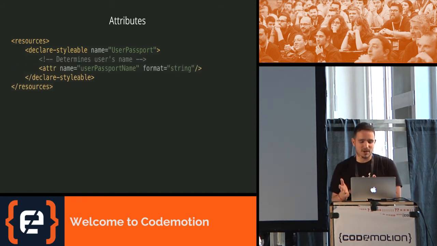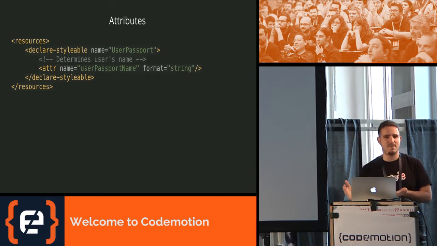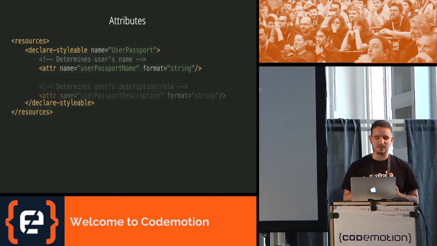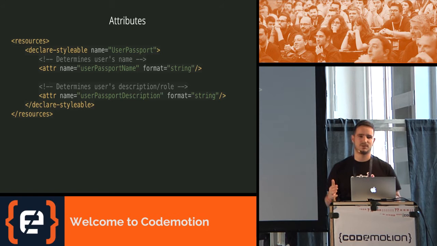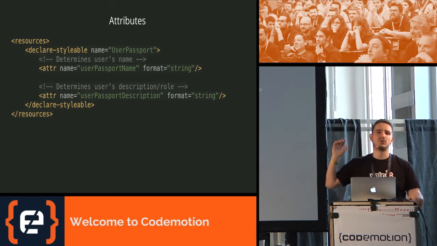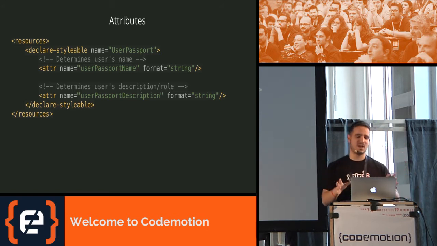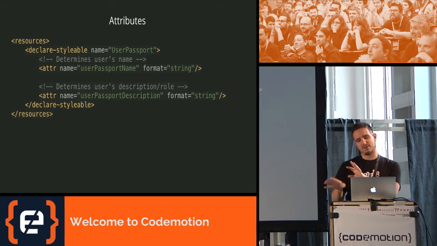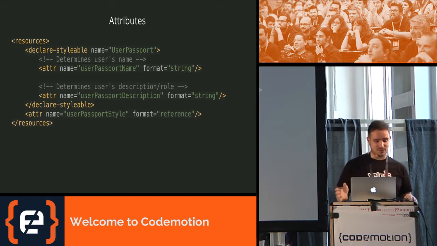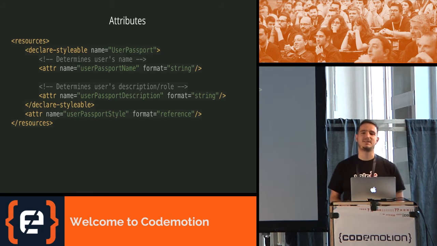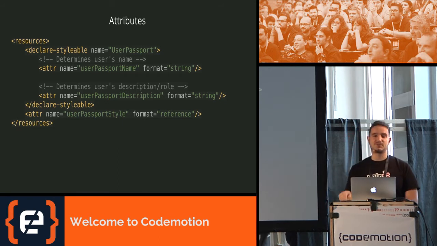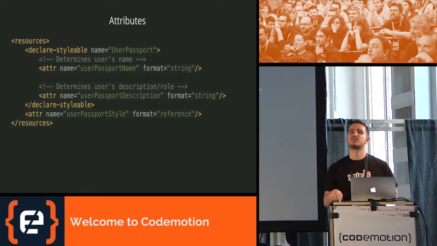So I create a new attribute called user passport name as a string, and another called user passport description as a string. Please note the 2 comments that say what these attributes will be used for, because I will reuse them later. And then I need to define another attribute, the user passport style, and this attribute will be used for the default style of this component inside our theme.